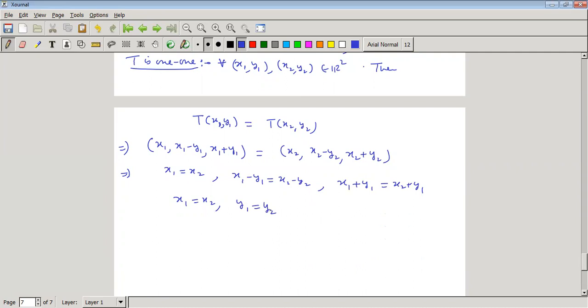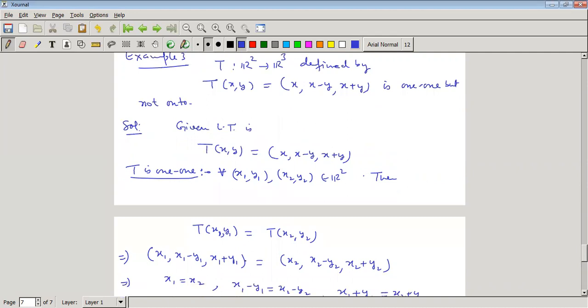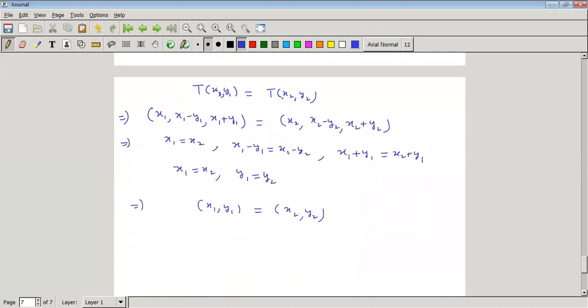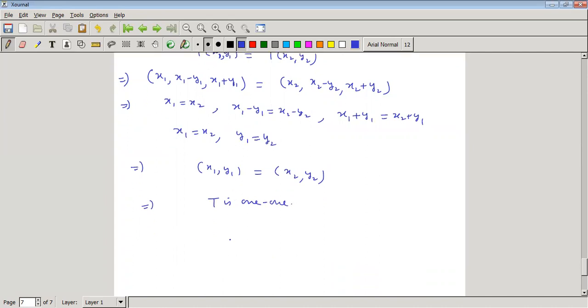So both are equal, right? So this implies that x1, y1 is the same as x2, y2. So we start with T of x1, y1 equal to T of x2, y2, and we get x1, y1 equal to x2, y2. This implies that T is 1-1. So the first part is done.